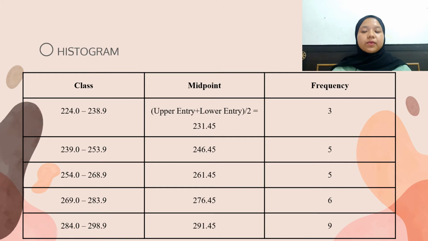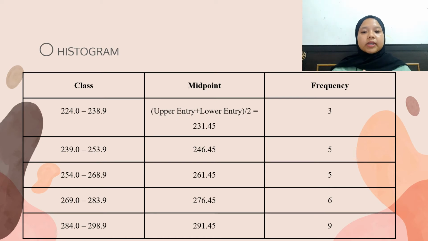So as for example, for the first class, 224.0 will be added with 238.9, and the answer will be divided by 2. So the answer was 231.45. That is the midpoint for the first class.